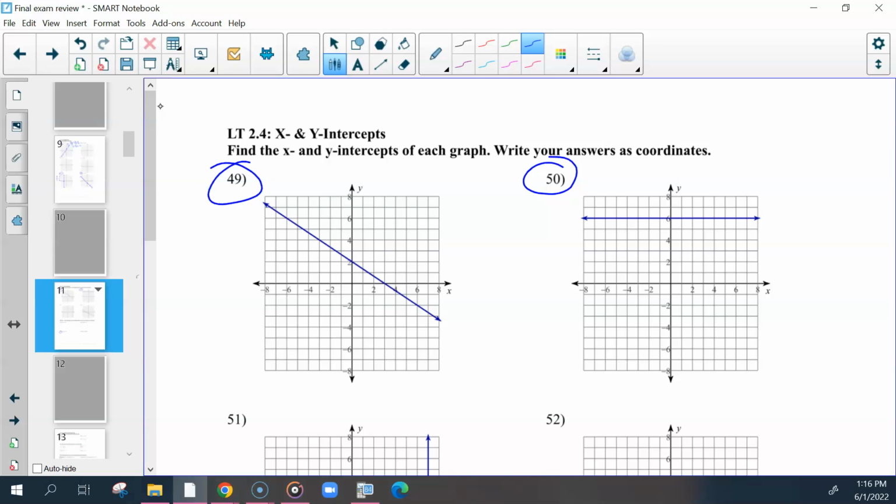So for 49, where this line crosses our x and y axis will be at 2 and 3. So our y-intercept would be at the point 0, 2, and our x-intercept will be at the point 3, 0. And that is it. Any questions on that one?